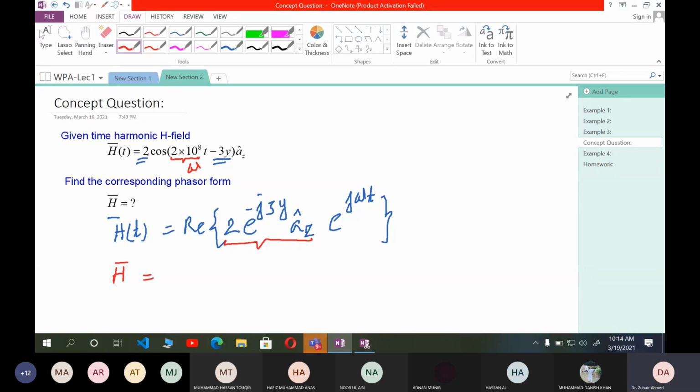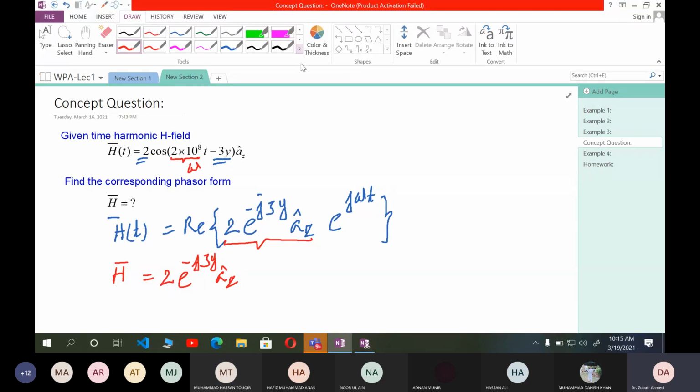So I can simply write the phasor, that is 2 exponential of minus j3y a_z unit vector, which is basically from the fundamental definition. So this is the phasor vector corresponding to this time domain instantaneous vector signal.